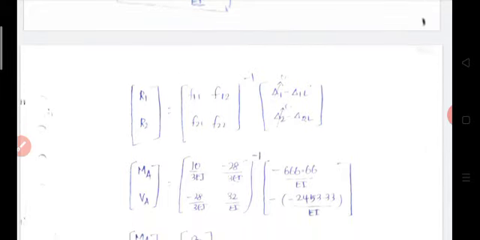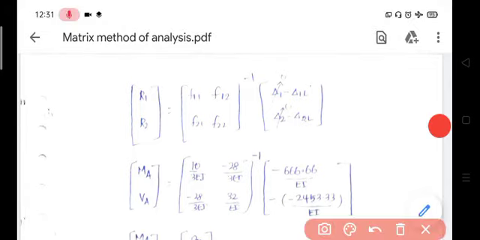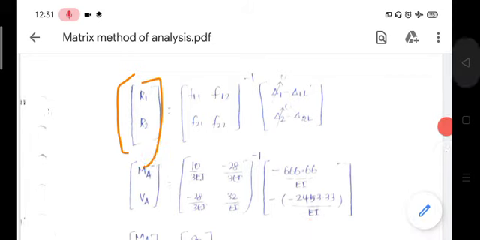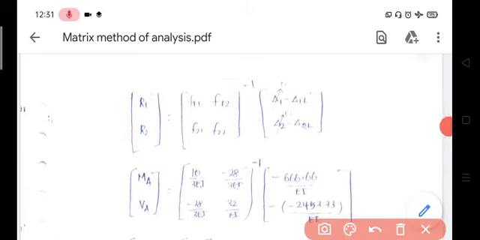The final step, the redundant reactions. There are two redundant reactions. It can be represented in a matrix form like this. It is a single column matrix R1 R2. The redundant is equal to flexibility inverse into net deflection at the coordinates 1 and 2.